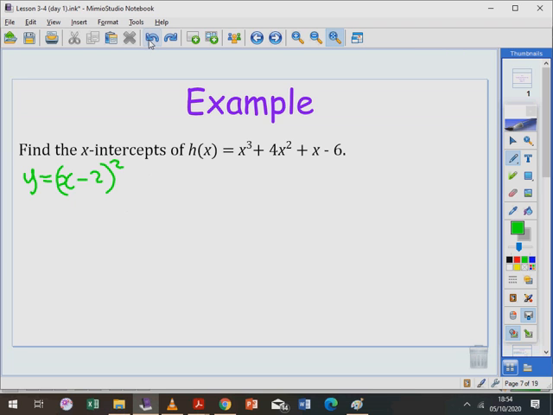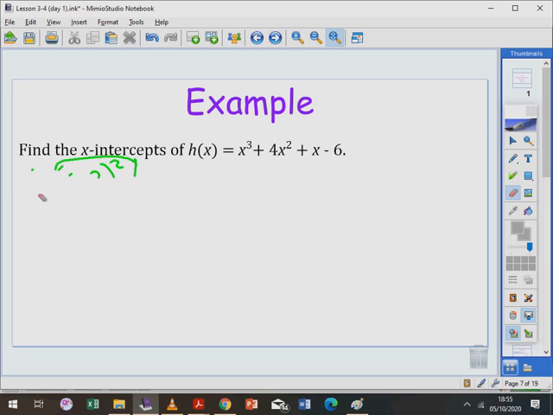Now, the other thing that I also know is that if I substitute 2 into this equation, the value of y must be 0. That's another thing that helps me prove that it is an intercept.